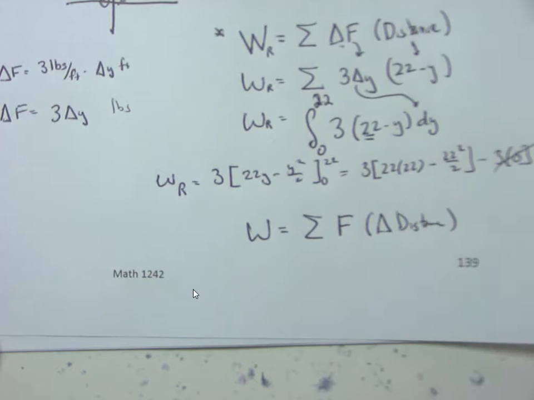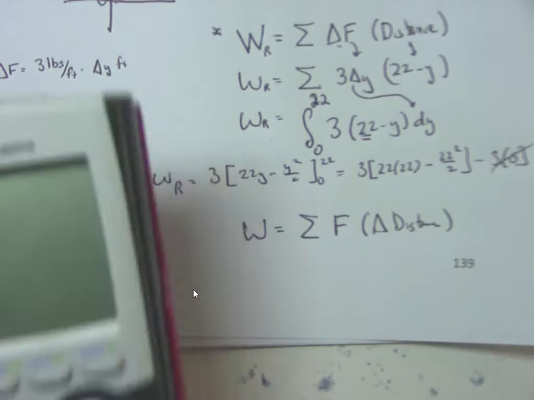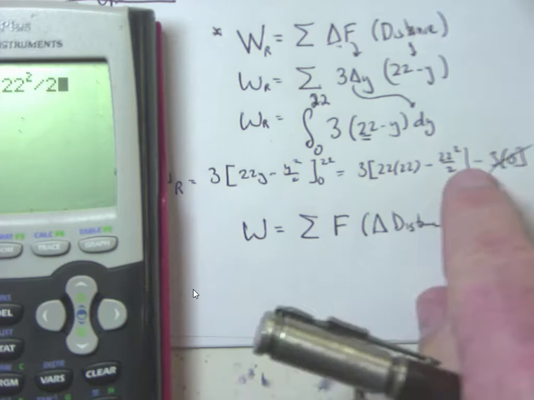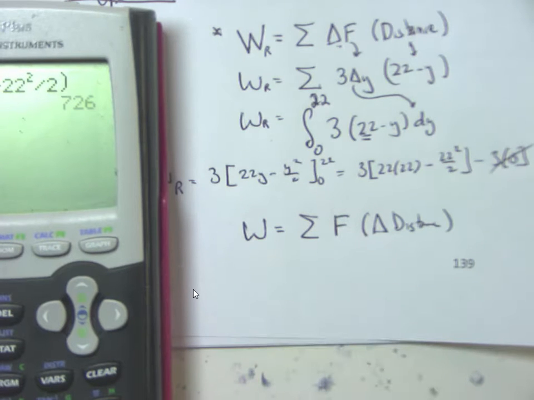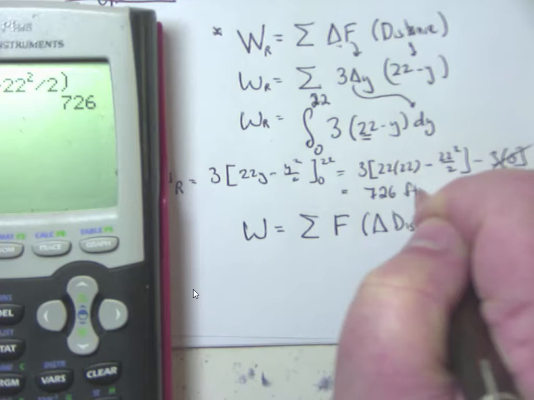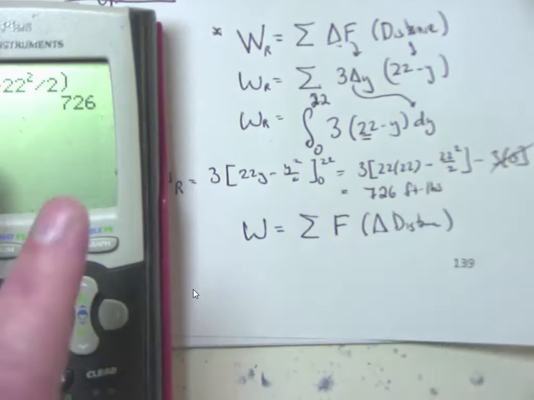You pretty much get 0. That goes away. So this is 3 times 22 times 22 minus 22 squared divided by 2, putting it exactly on my calculator, minus 0. And I get 726, and that would be its work, in foot-pounds.